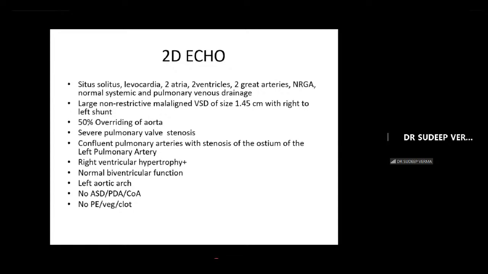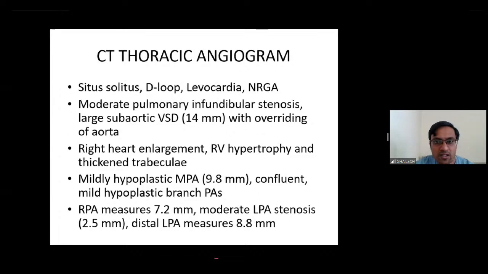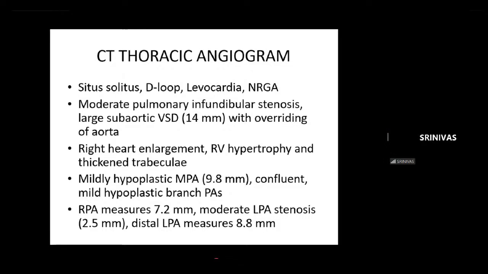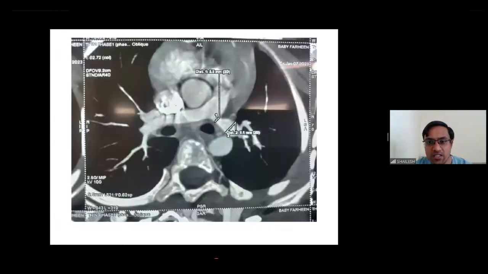Suppose this is your diagnosis now. Sir, actually CT angiogram was also done, sir, for this case. So that is also suggestive of mainly TOF, sir, along with a moderate LPA stenosis. Do we have those images? Sir, this is the CT image, sir, which is showing the main pulmonary artery.